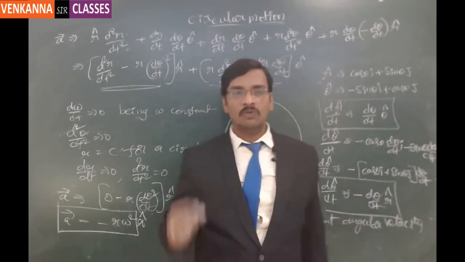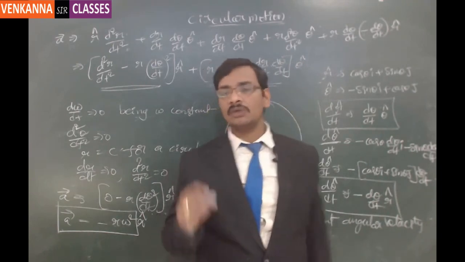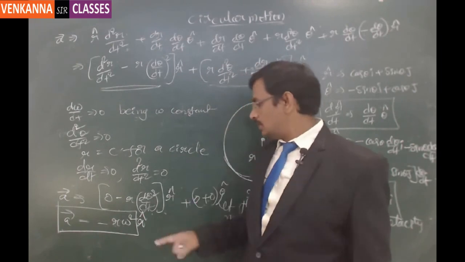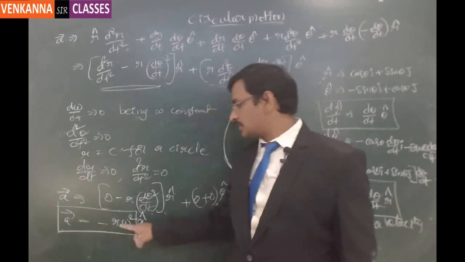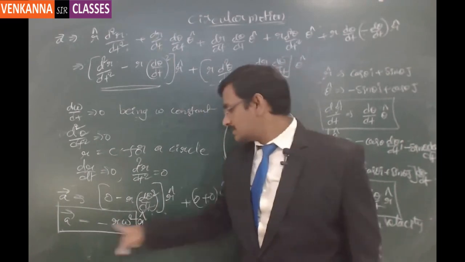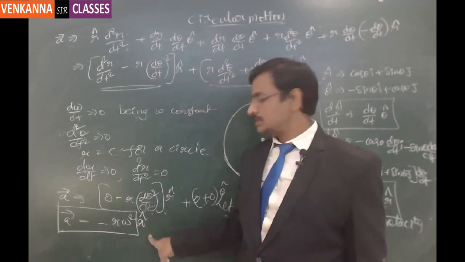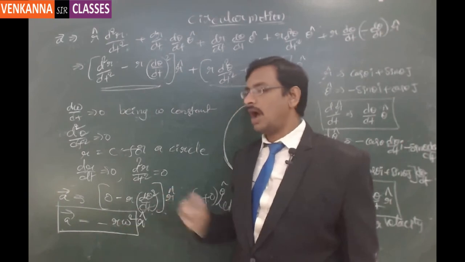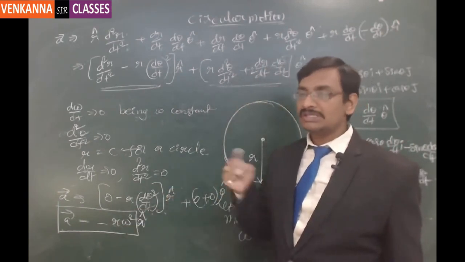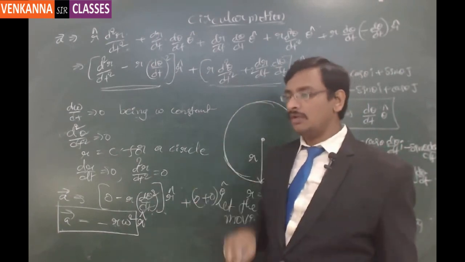As I said earlier, force and acceleration are one and the same always except for a scalar multiplication. So if the acceleration is minus r omega square r cap, minus r cap is the direction of the force and the magnitude of the force is r omega square.